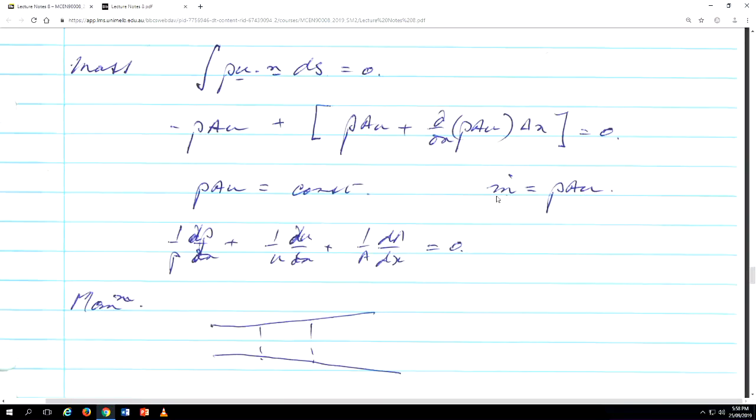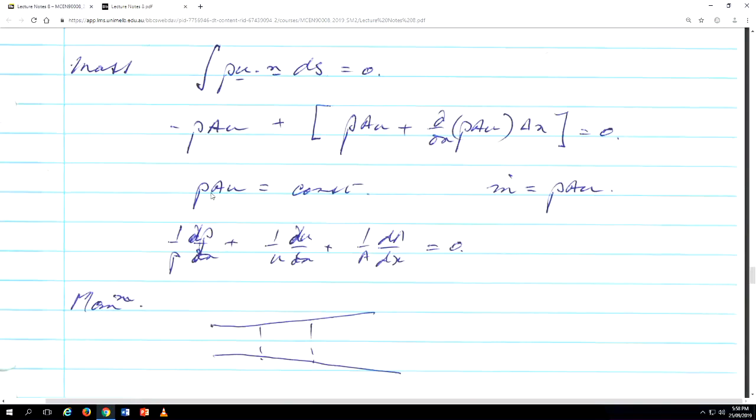So if that's constant, now I'm going to take derivatives of that with respect to x. The smart way to do that is to take the derivative of the logarithm. So take the logarithm, and that gives you log rho plus log A plus log u. Now take the derivative.